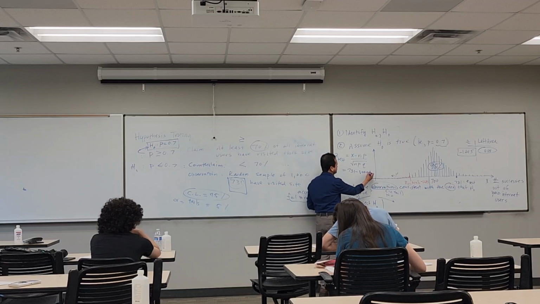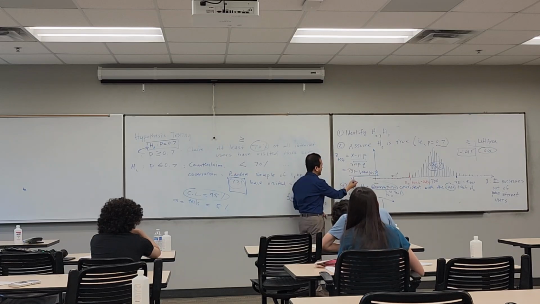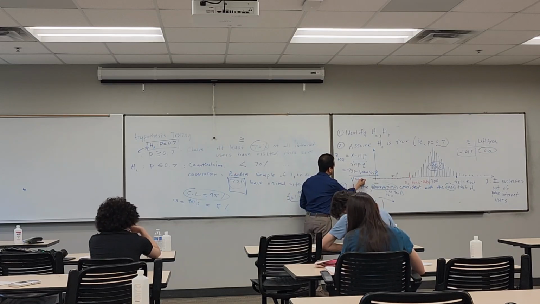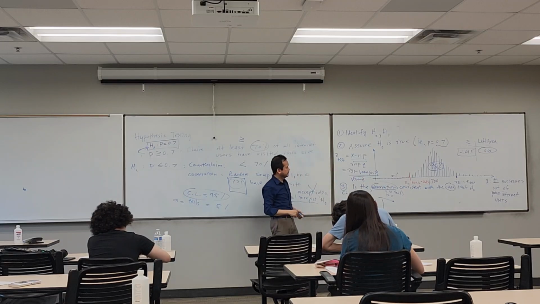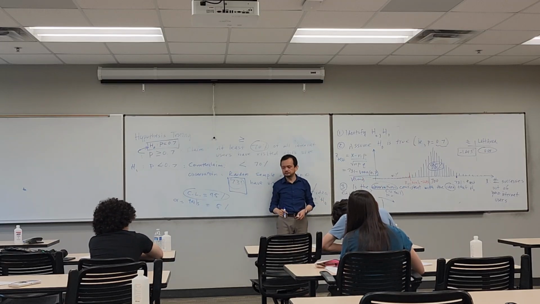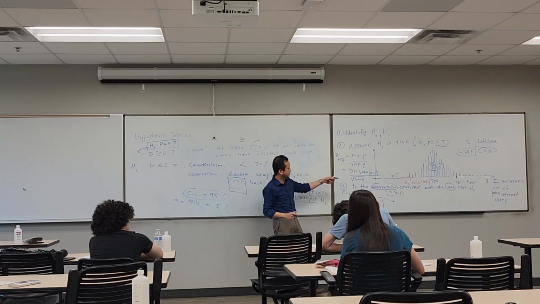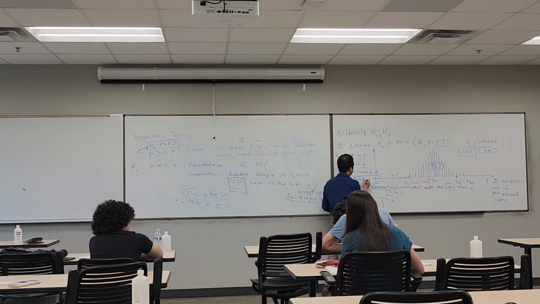And so we're going to use 0.7 for our P in the formula. So that'll be 0.7 here, and then divide by the square root of NPQ, where N is 1,000, P is the true proportion who have visited the site, again 0.7, and Q is going to be 0.3.